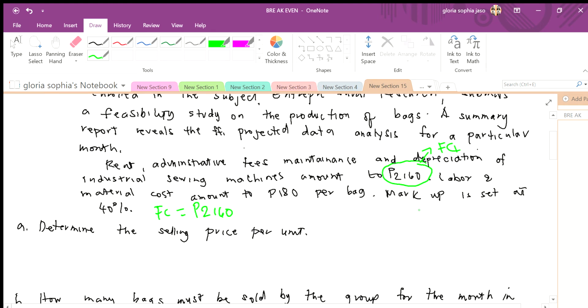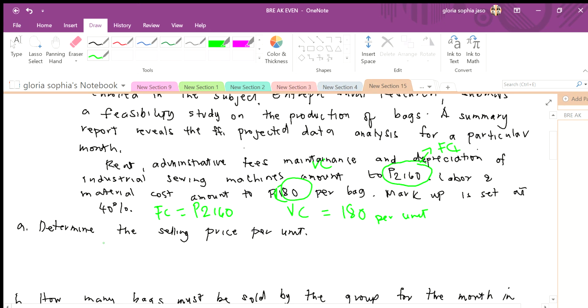And the variable cost is the labor and material cost, 180 pesos. So variable cost is equal to 180 per unit. Okay, so those are the given.